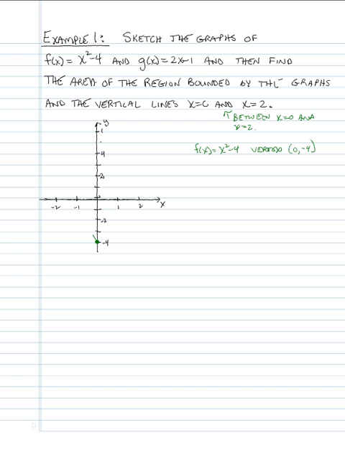But to find the x value of the vertex then just means we'd need to take the derivative of our function. And remember, relative maximums and minimums occur where the derivative is equal to 0. And so we could set that to 0, and when we solve, we get x equals 0. And then after we get x equals 0, then the y would just be f of 0, wouldn't it?